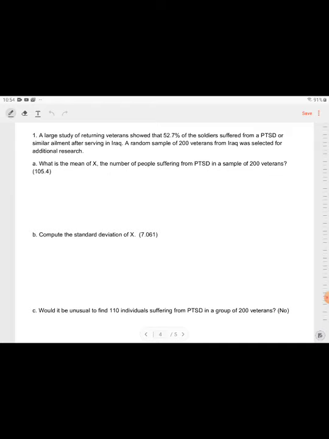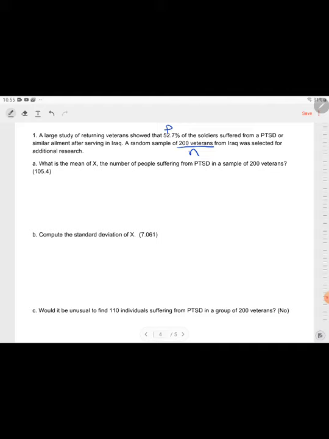So let's look at this example. A large study of returning veterans showed that 52.7% of the soldiers suffered from PTSD or similar ailment after serving in Iraq. A random sample of 200 veterans from Iraq was selected for additional research. Okay, so 200 is your n value. So n is going to be a whole number. The percent is going to be p, because p stands for probability.